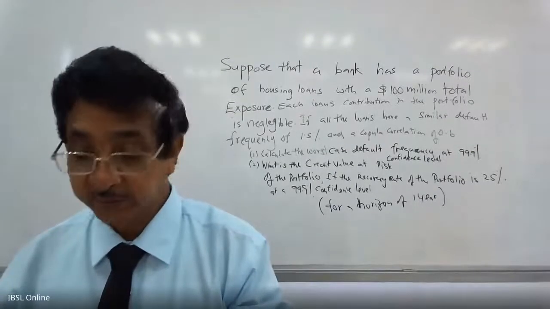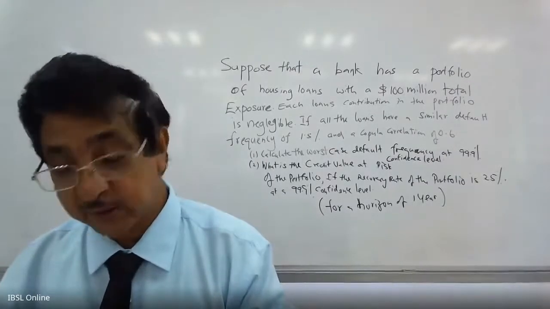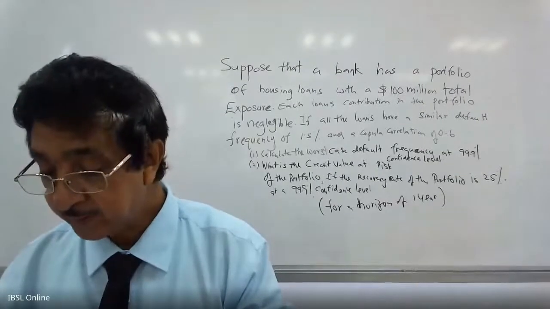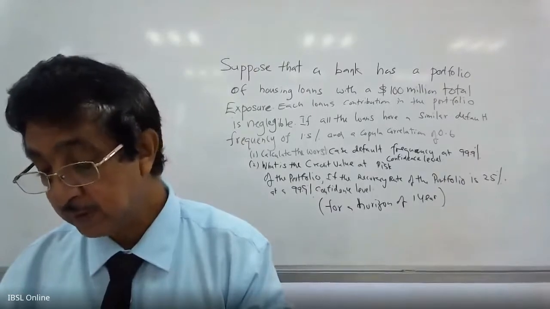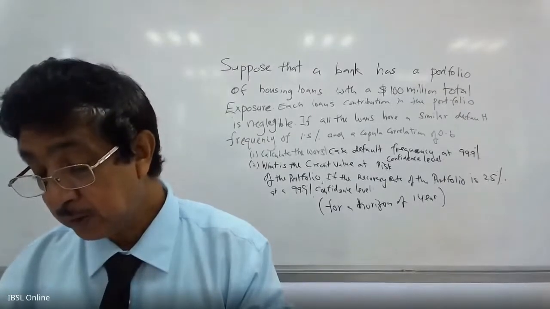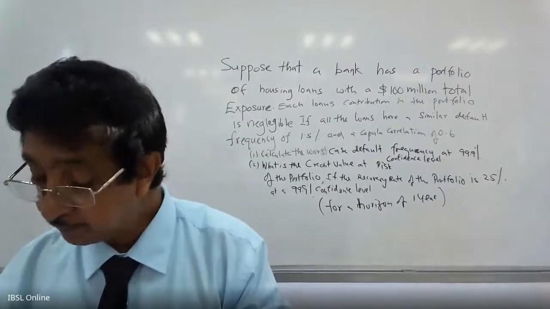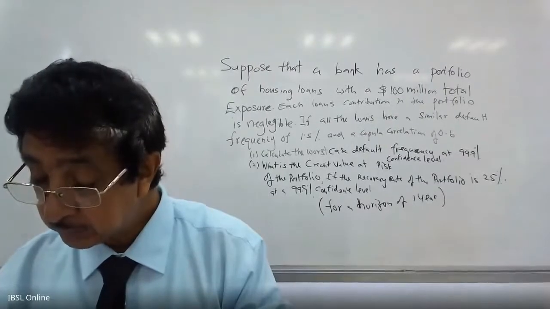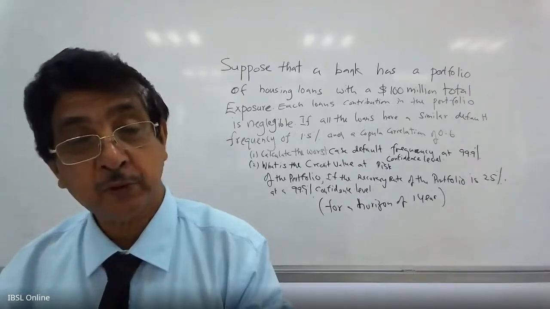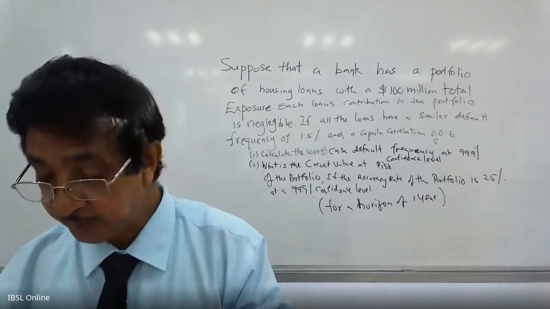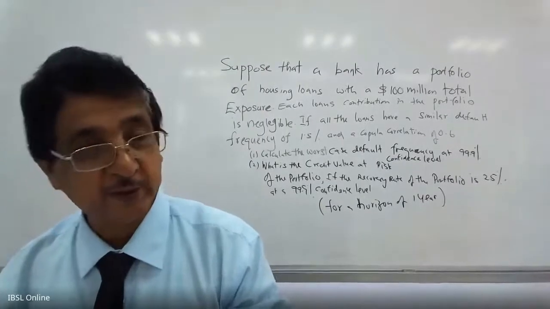N within brackets, you have the inverse normal of EDR plus square root of rho into the inverse normal of the worst case probability, divided by square root of 1 minus rho. So applying that formula, you will be in a position to get the worst case default frequency or default rate calculated.